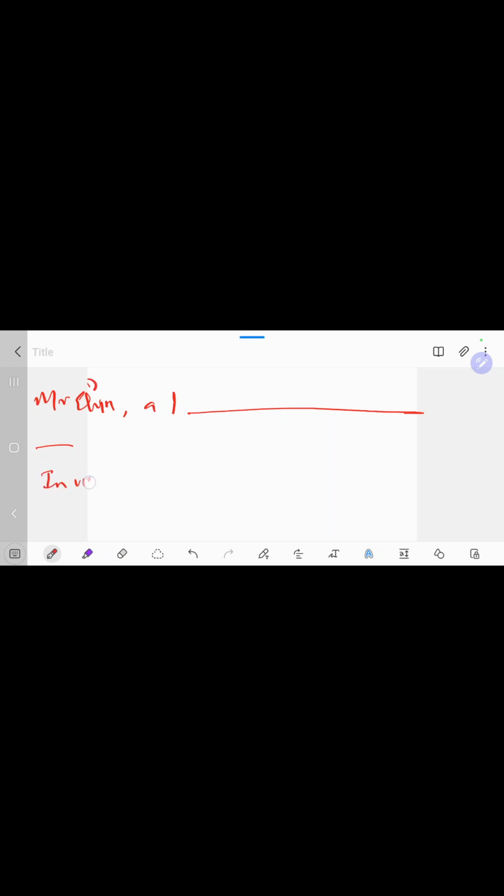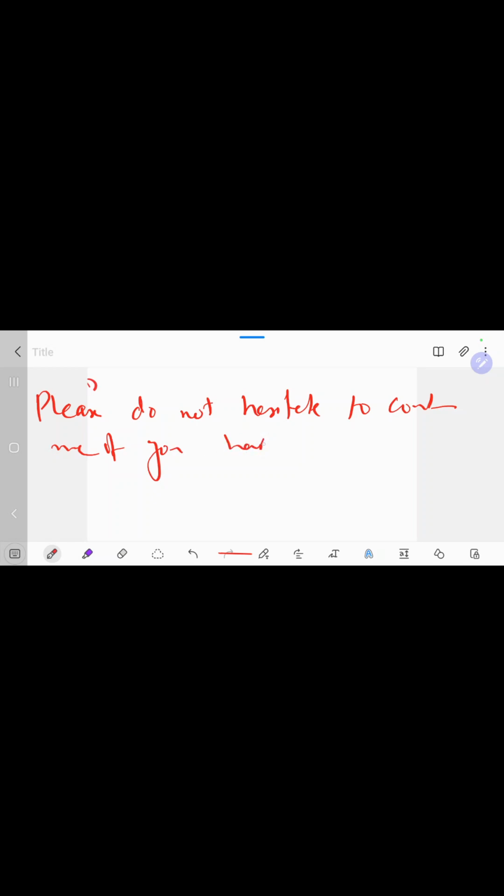Then we can write down, in view of the above, we are transferring this patient, and he has been given, let's say, GTN patch and all this, right? And in the end you can write down, please do not hesitate to contact me if you have any further queries. Yours sincerely, doctor, right?